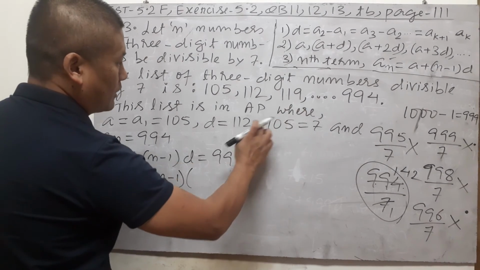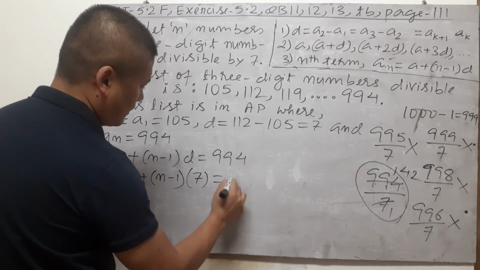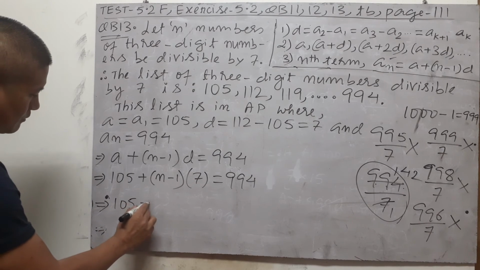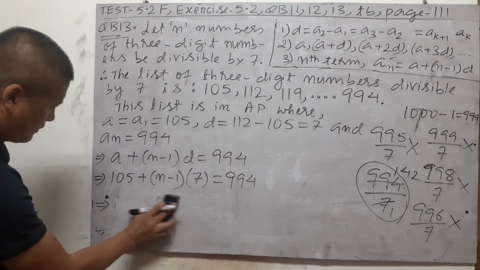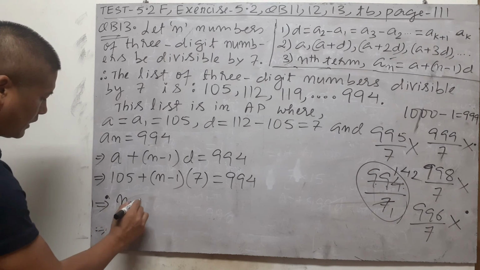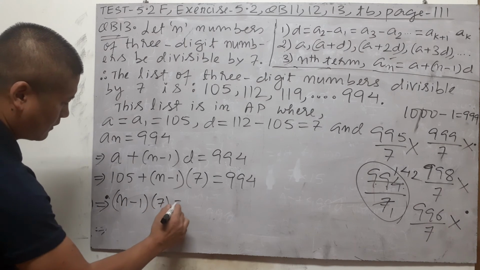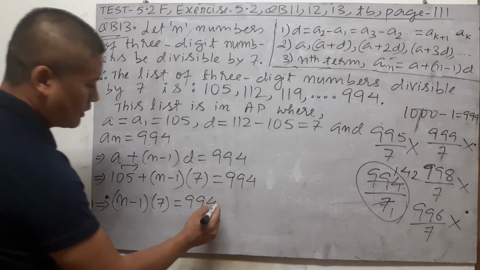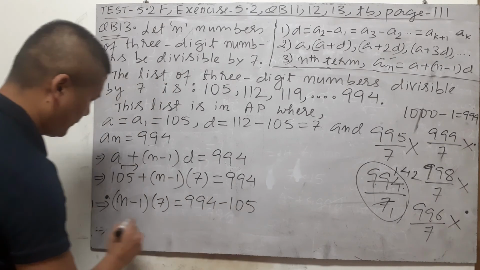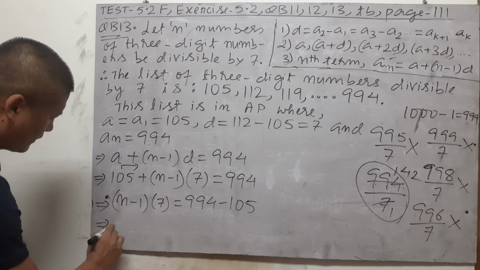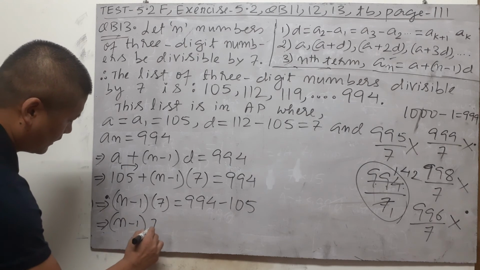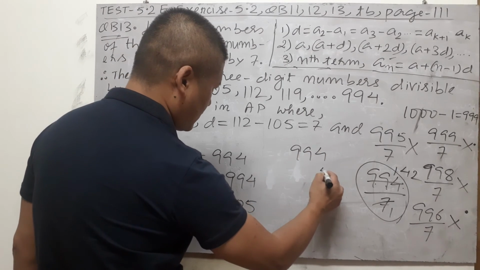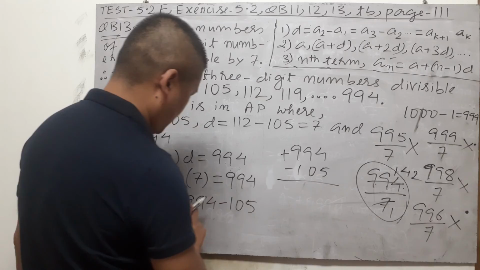The d value is 7, so we put 7 there, 994. So that gives you 105 plus 7 into n minus 1 equal to 994. Shift this 105, no sign in front means plus, go to the right side, minus 105. So here we are going to get n minus 1 into d is equal to 994 minus 105.